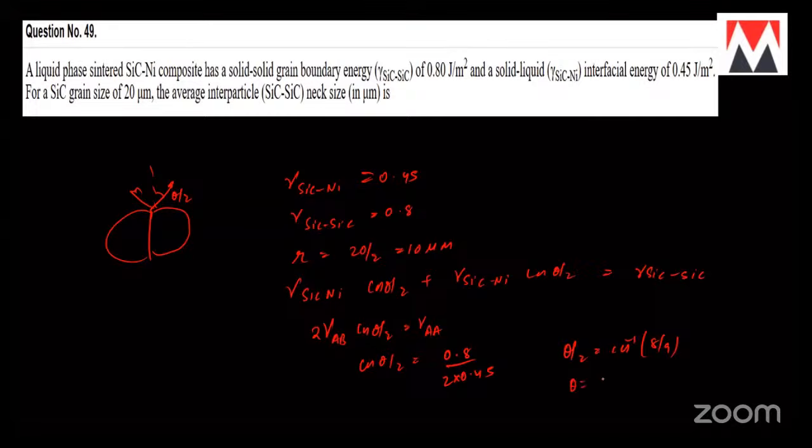Theta is equal to 54.53. Okay, so he's asking what is the average interparticle neck size. You know sin theta by 2 is equal to AB by OA. AB is already given as 4.58 micrometer. So neck size is 2AB, nearly 9 you can take. So in micrometers it is 9.16.